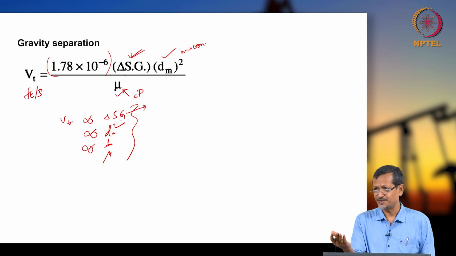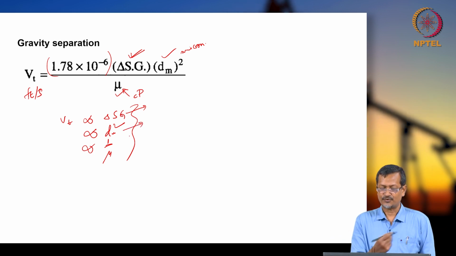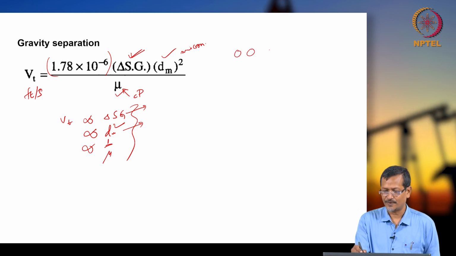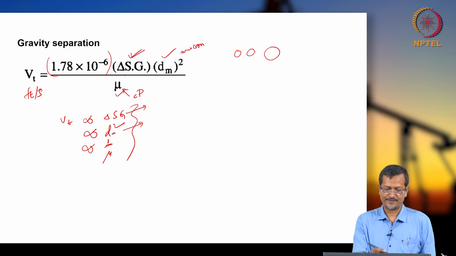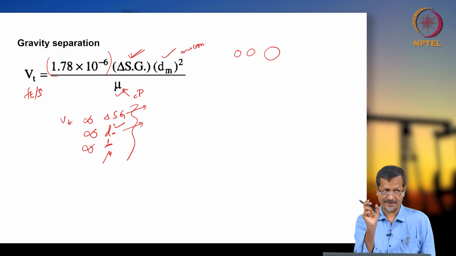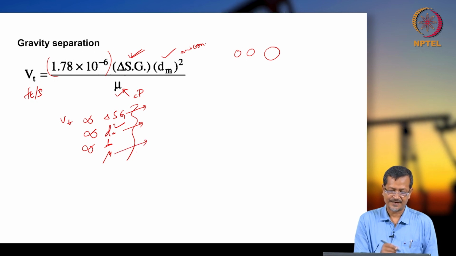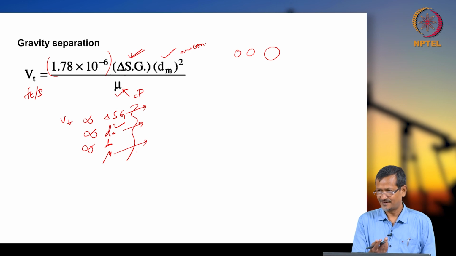So you can increase temperature, and you can change viscosity. How to increase dm? Whenever you add one particle and another particle together, it becomes a bigger particle, so dm is larger. Now how to join these two particles? There are techniques, so we'll discuss. And viscosity again is dependent on temperature, so we'll see how to change it.